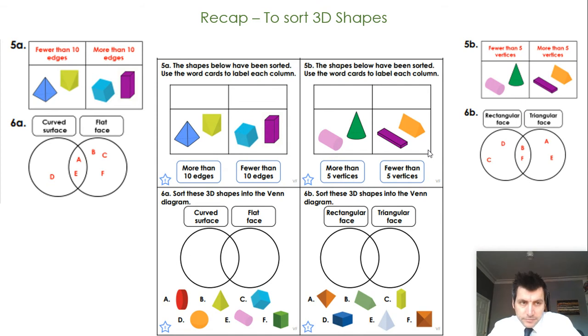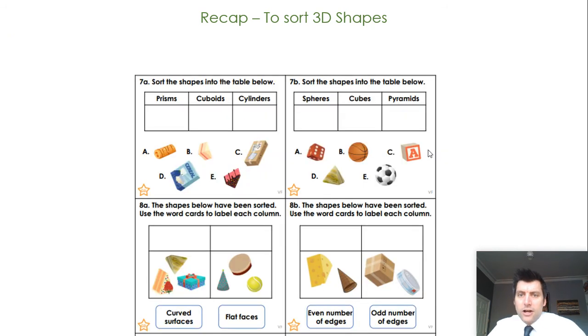So we see the number of edges for 5A and the number of vertices for 5B. Then for 6A and 6B, we've also got to do some sorting using that Venn diagram, and we can see where they've gone. Pause whilst you check your answers are correct or not. If you got those correct, well done. Have a go at the next sheet. If you didn't, keep looking for some shapes at home.